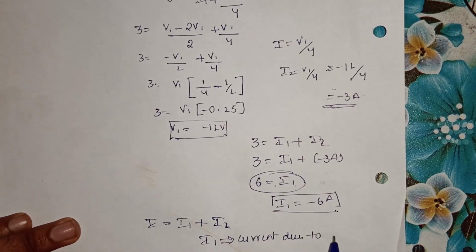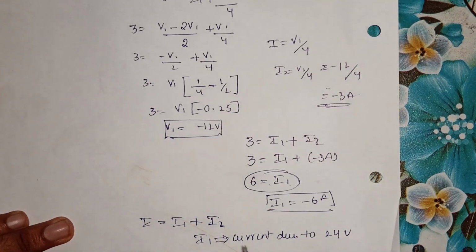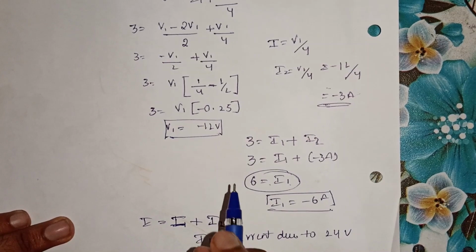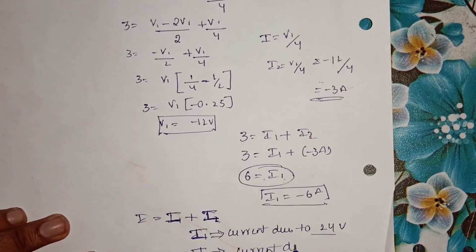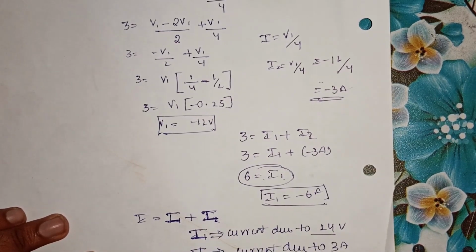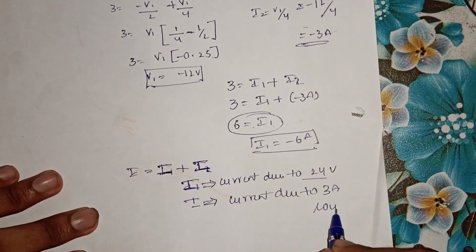Since I have used I1 and I2 in these equations, let it be I plus I: one I is the current due to the 24 volt source, and another I is the current due to the 3 ampere source.